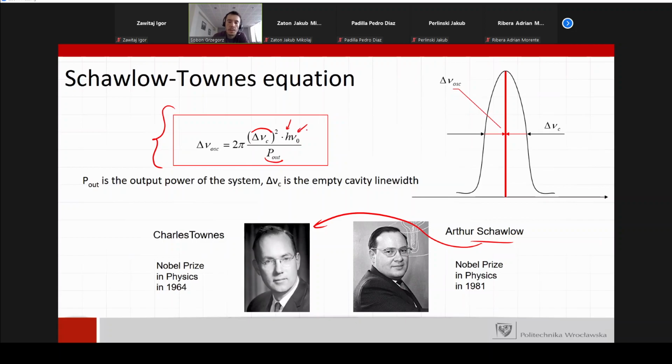N0 is the central frequency, right, of the laser.